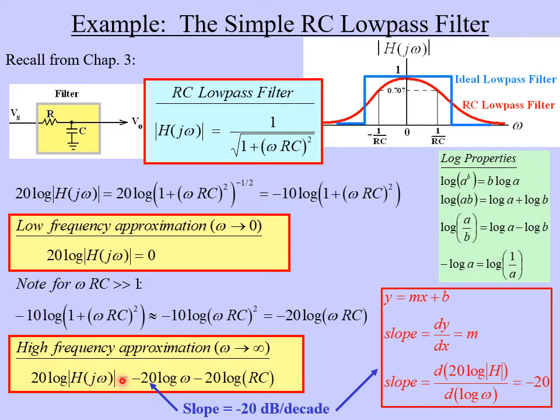So this would be y equals mx plus b. And I'll show this also on the next slide in a little more detail. This second term here, we're not going to worry about right now. Obviously, this would be the y-intercept if you think about plotting a line. But the key thing here is that the slope of this plot at high frequencies is going to be negative 20. Now, what are the units? Well, it's negative 20 decibels per decade of frequency. Let's take a look at this in a little more detail on the next slide.